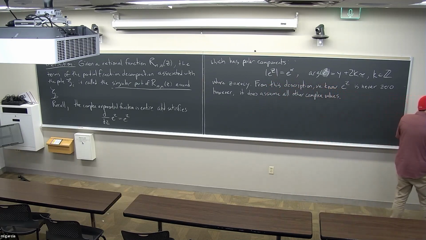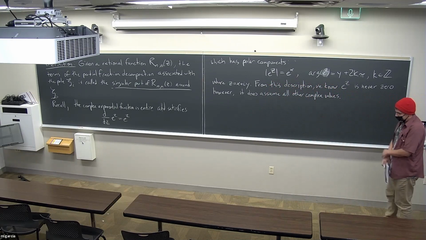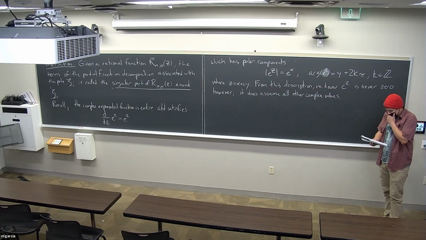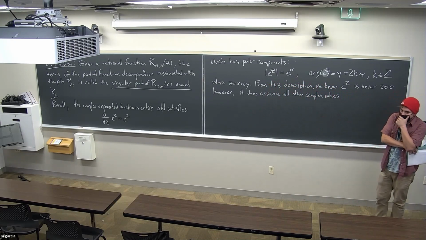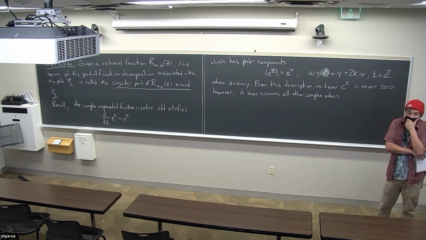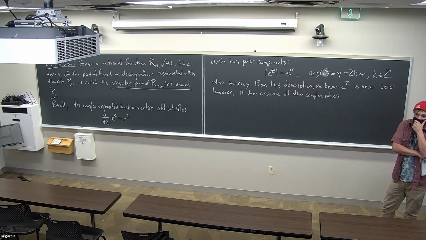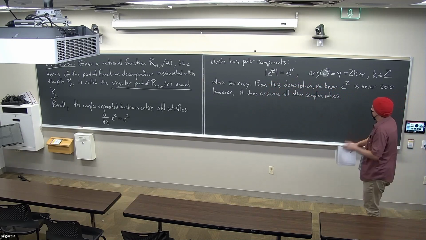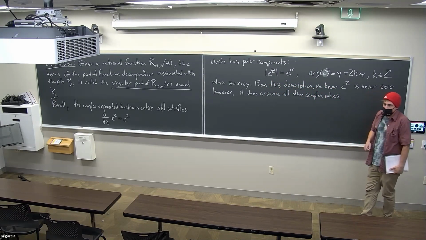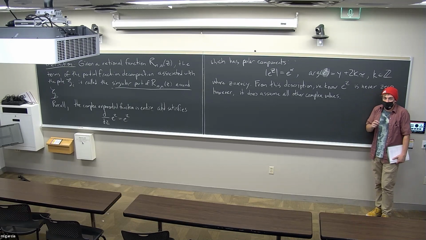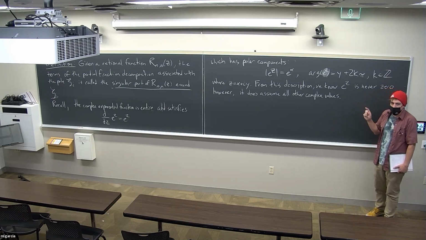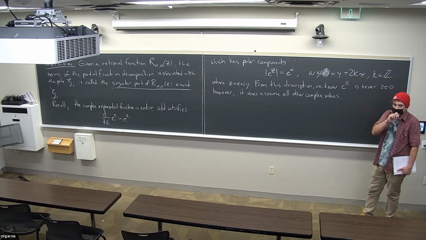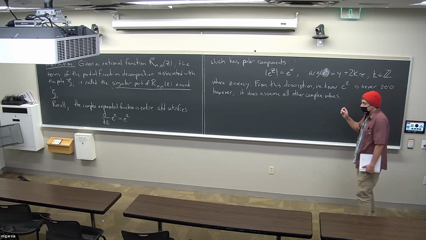Okay, so right away, this leads us to a key difference between the real exponential function and the complex exponential function. Right? The real exponential function is injective, or one-to-one. This is not so for the complex exponential function. So let's record that.